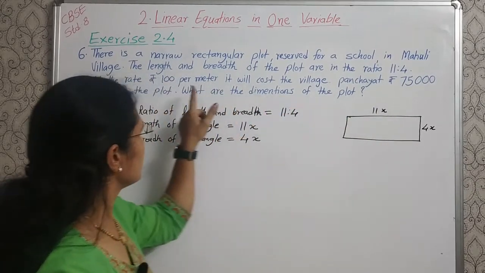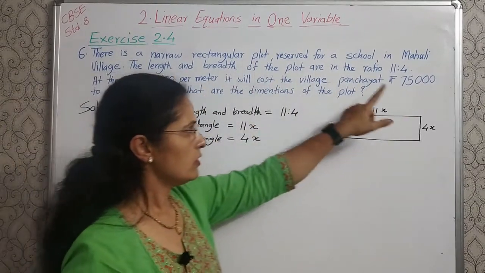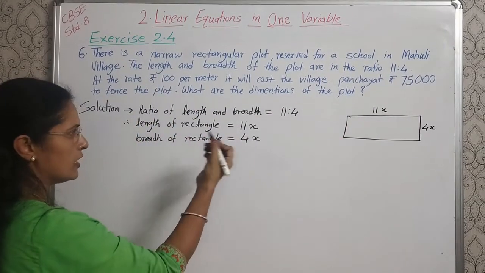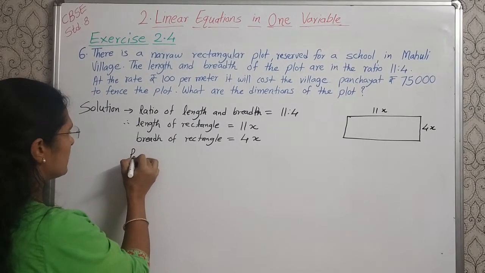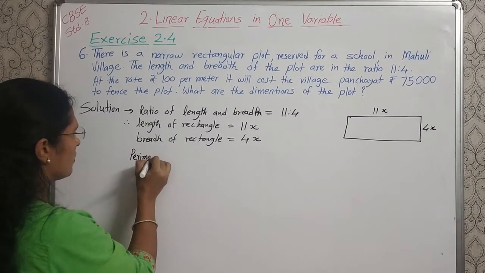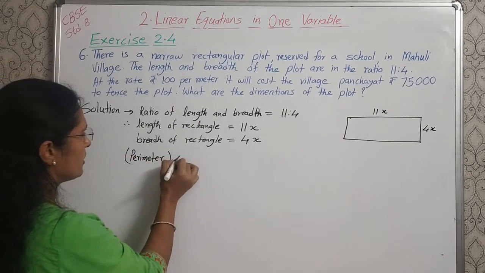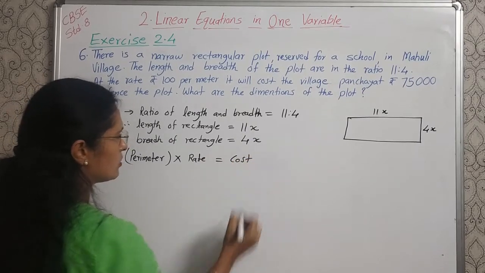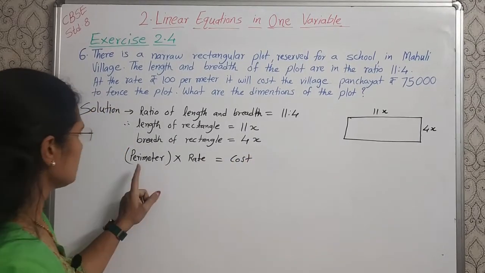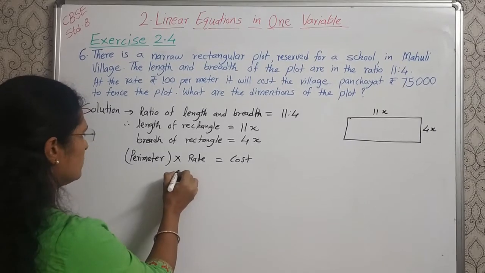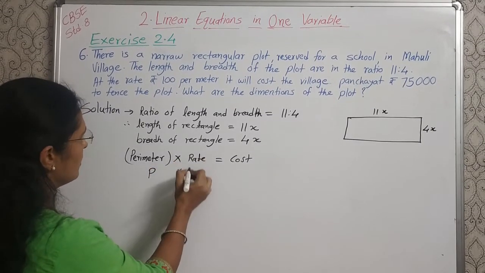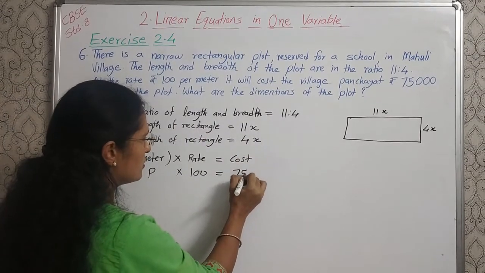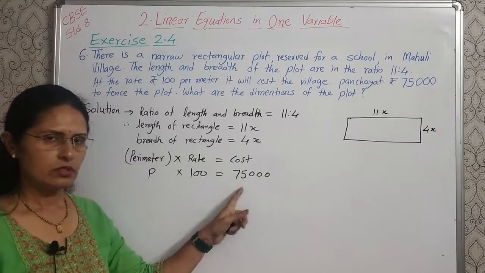Now how to find the perimeter from this rate and cost? Whenever the rate is given and we want to find the cost, we multiply the perimeter by the rate, and we get the cost of fencing. The rate is given, 100. So P multiplied by rate 100 rupees per meter is the cost, rupees 75,000.